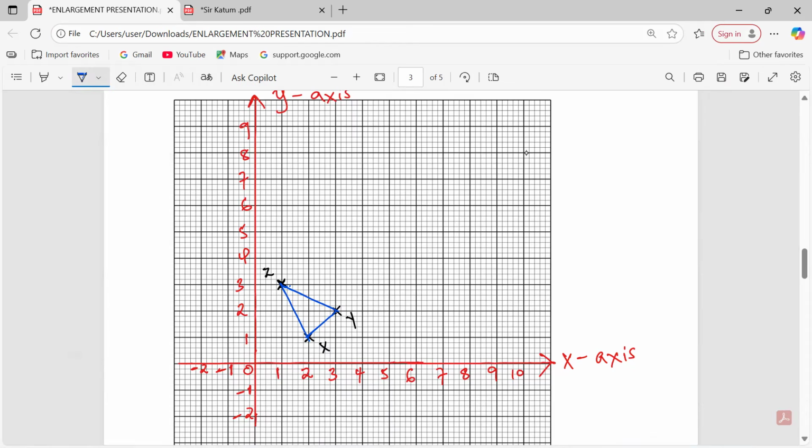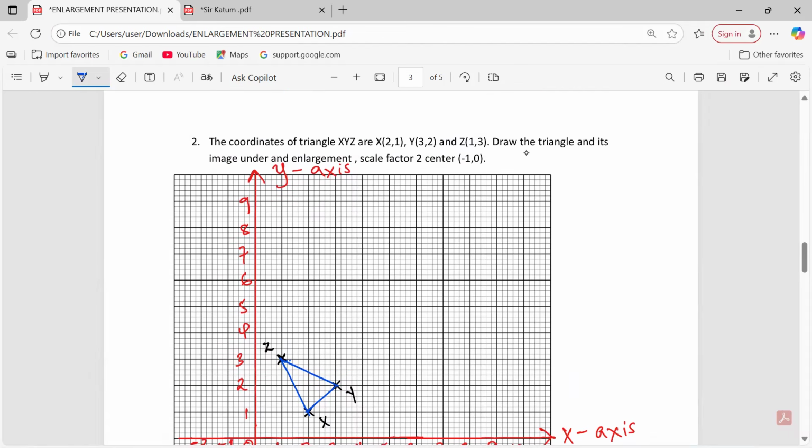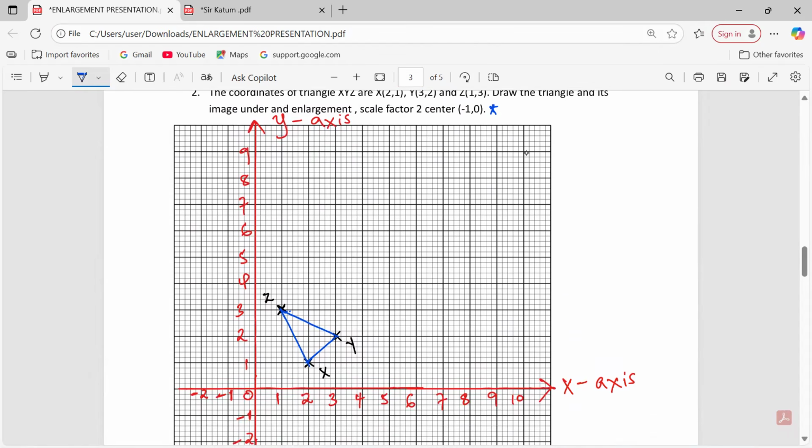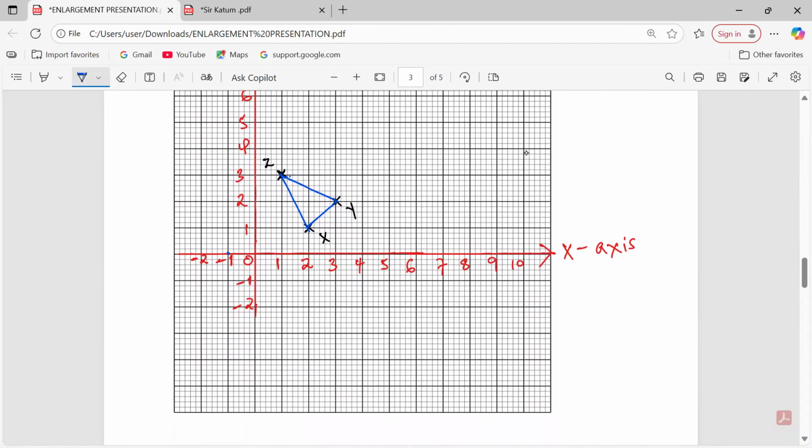Now with the triangle, I am supposed to do one thing here. I identify the center first. What is the center of enlargement? -1, 0. So -1, 0 is the coordinate at that particular point. So how do I enlarge?